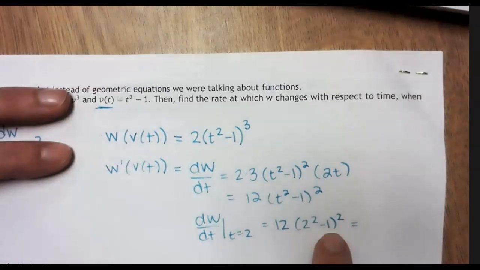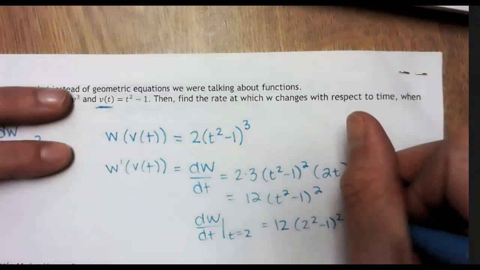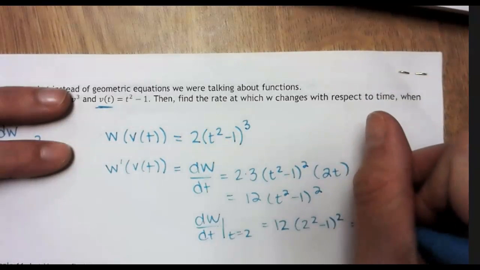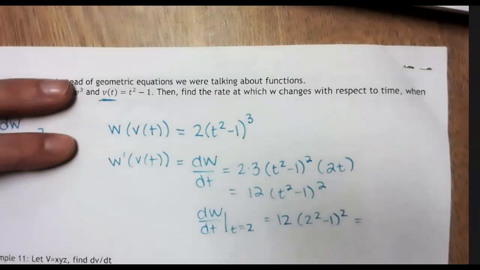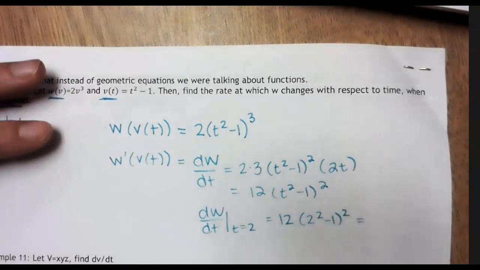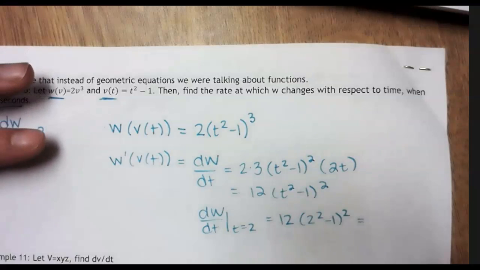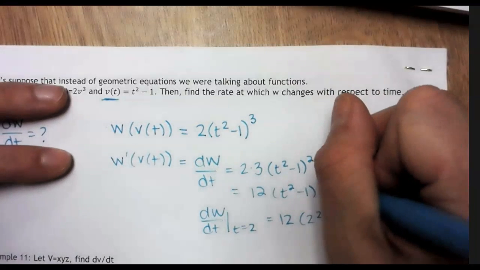Right? 4 minus 1. 3 squared is 9. 9 times 24. Yes. Thank you. I was like, I know I'm missing a variable. That's driving me crazy. Thank you.